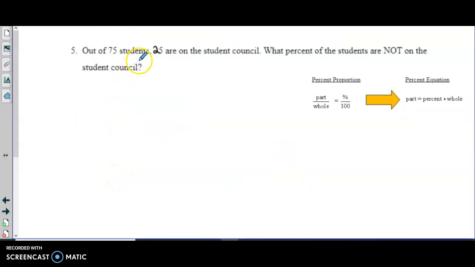Out of 75 students, 25 are on the student council. What percent of students are not on the student council? Ooh, this one's tricky. First, 75 is the whole, because that's all the students. 25 are on the student council. We're dealing with a part here, but this is not the part that we care about. 25 are on the student council, and we want to know how many are not.